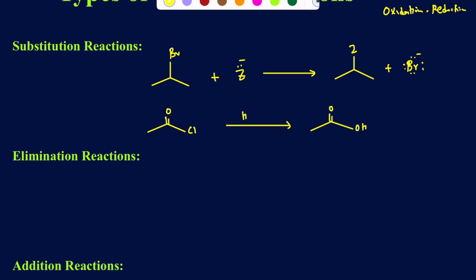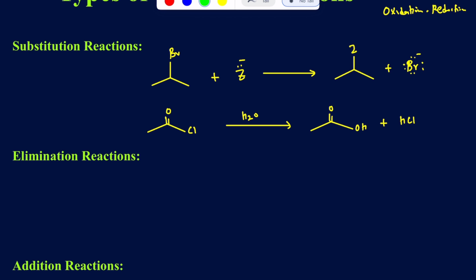I can use water here as my reagent and reactant, and that makes this HCl. This is also a substitution reaction because I already have something attached to this molecule, but I replace it with something else, which in this case is the OH.